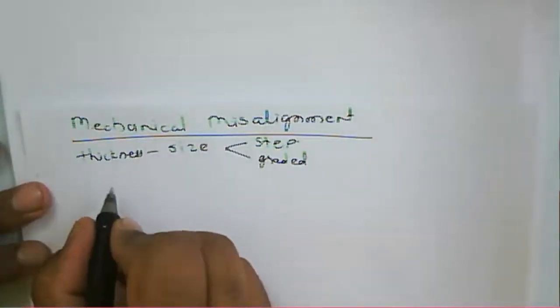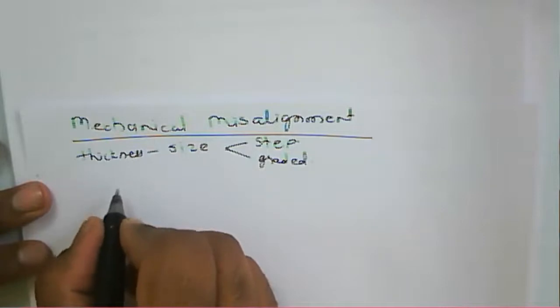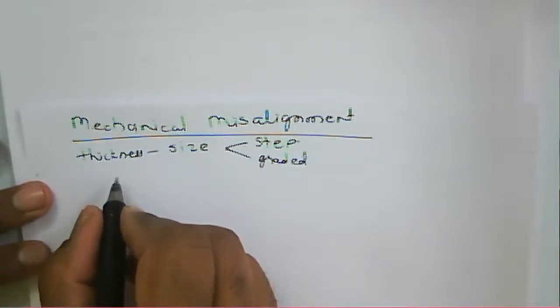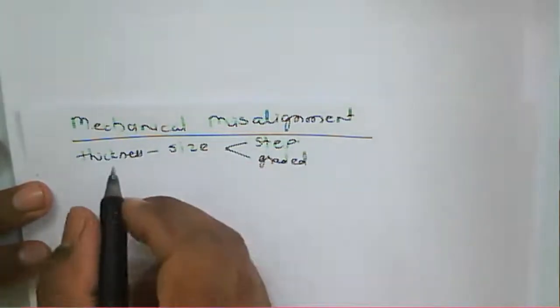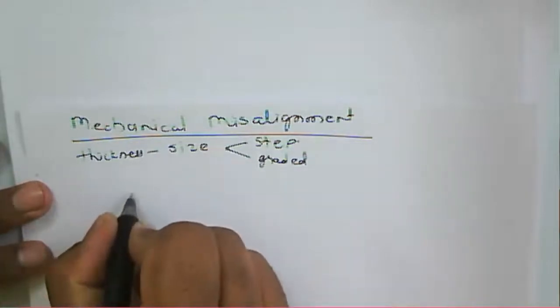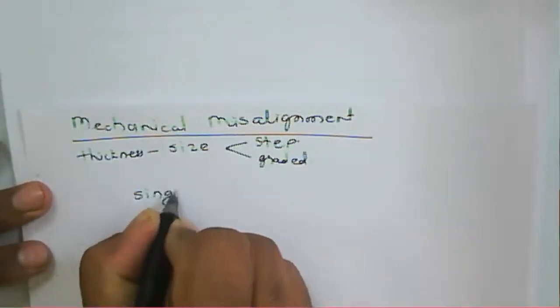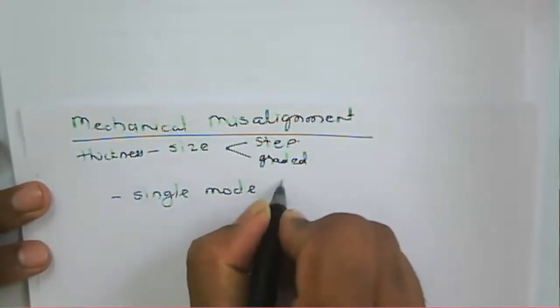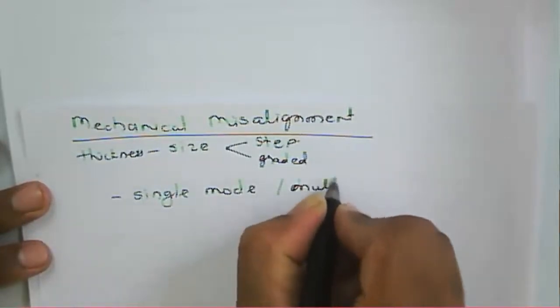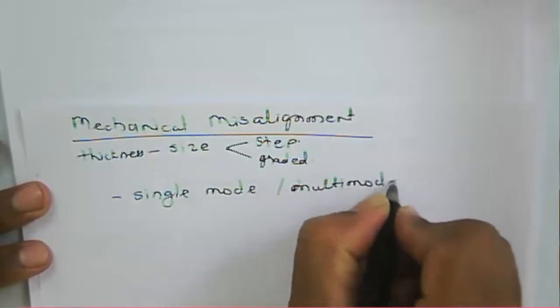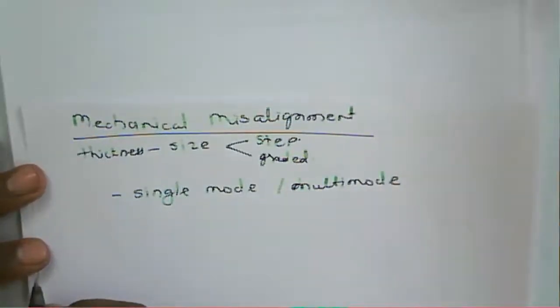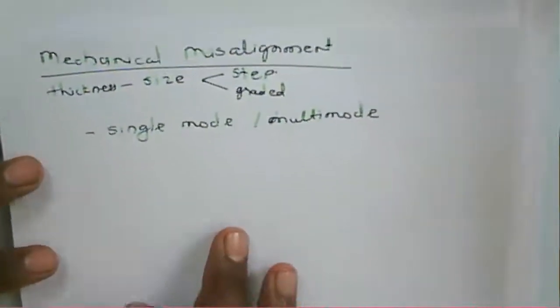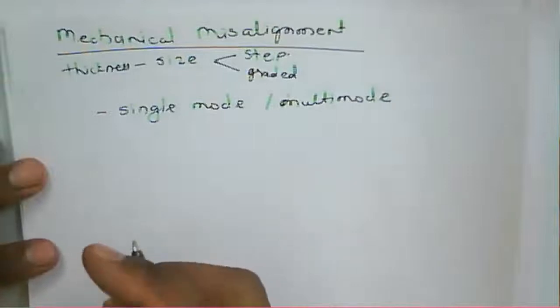Then the given fiber will propagate a signal, and the operation of this fiber, whether it will be single mode or double mode or multi mode, is the operation of a given fiber. All these parameters depend upon the core size of the given fiber.